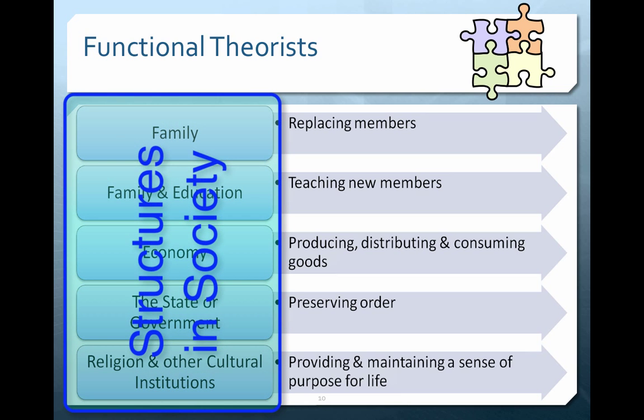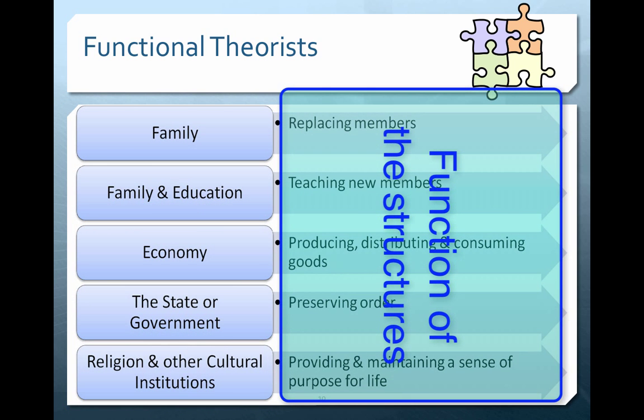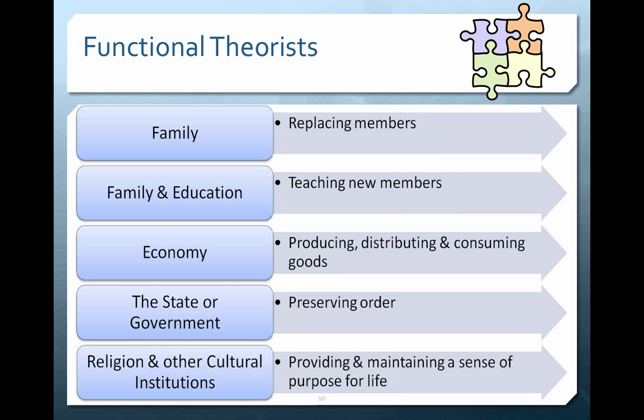What you see on the left side would be social institutions, and what you see on the right side is the function of these social institutions. So you have structure and function. They view these social institutions as having a very specific function in helping within society.